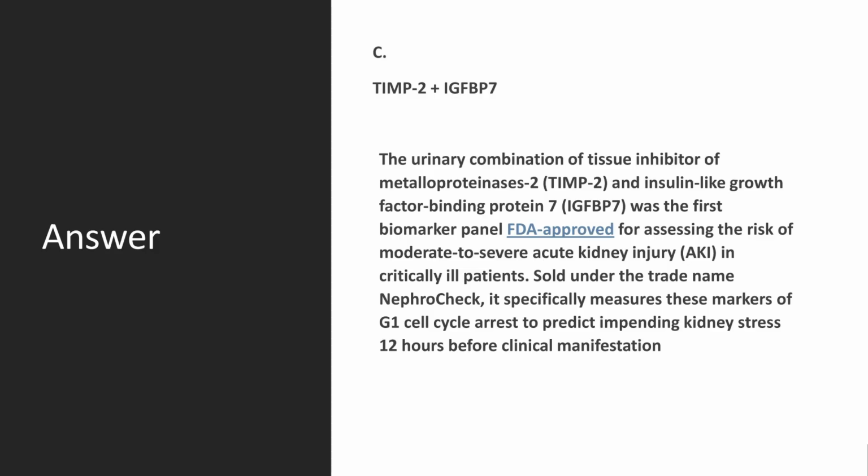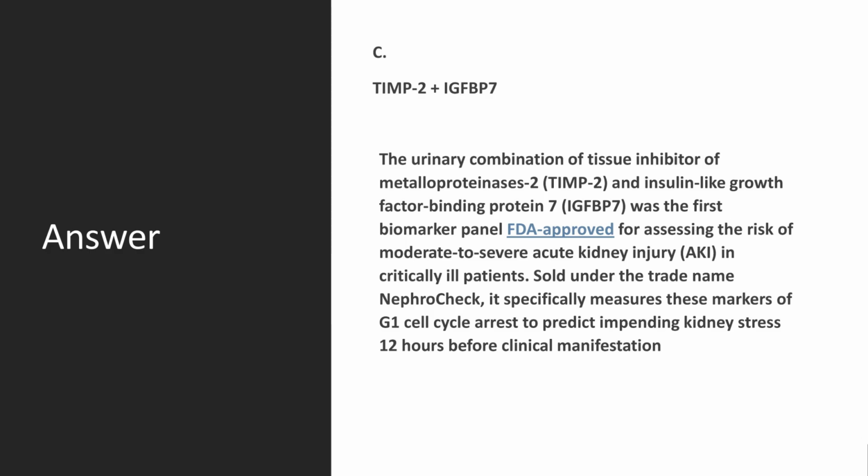TIMP-2 plus IGFBP7. Explanation. The urinary combination of tissue inhibitor of metalloproteinases 2, TIMP-2, and insulin-like growth factor binding protein 7, IGFBP7, was the first biomarker panel FDA approved for assessing the risk of moderate to severe acute kidney injury, AKI, in critically ill patients.